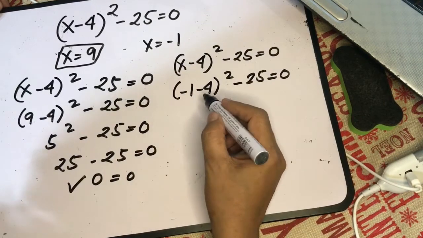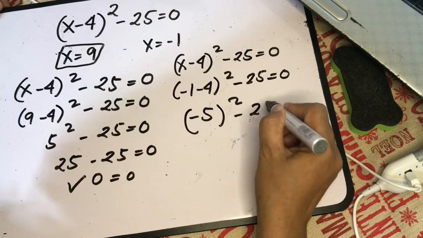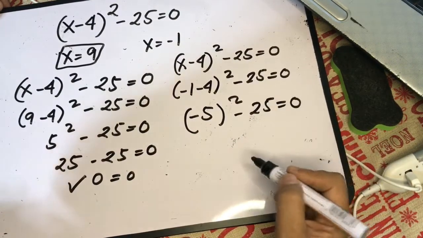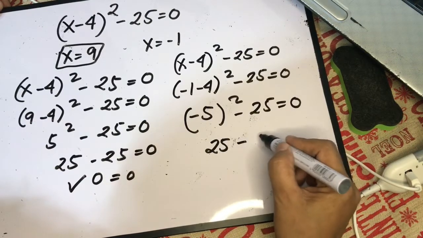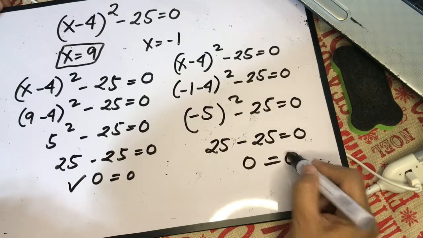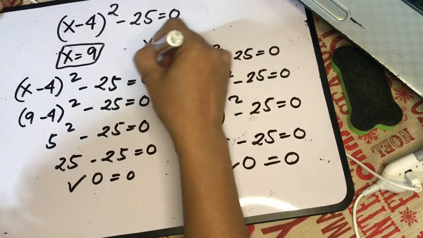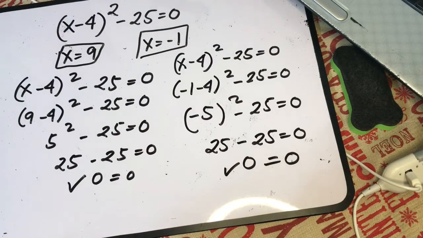Negative 1 minus 4 is negative 5, squared. Negative 5 times negative 5 is positive 25. Minus 25 is equal to 0. So 0 is equal to 0. Again, negative 1 is a root of the equation, or it is a possible solution.